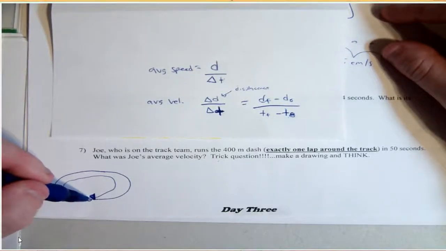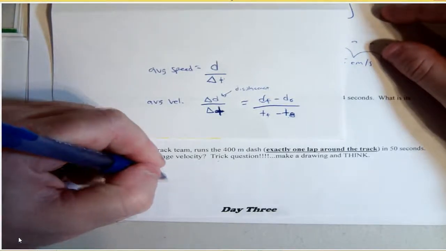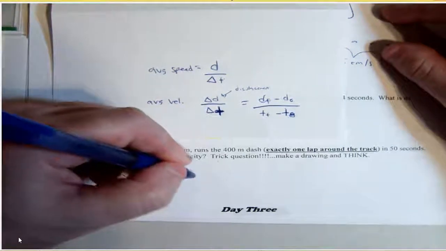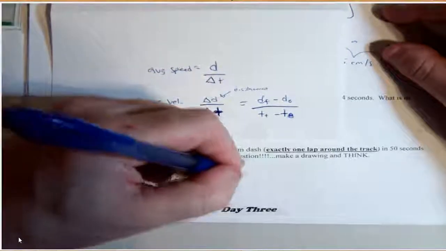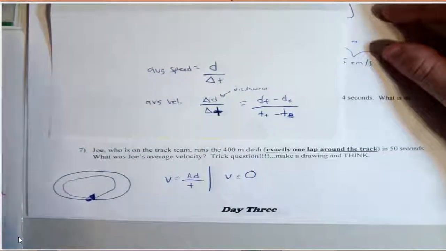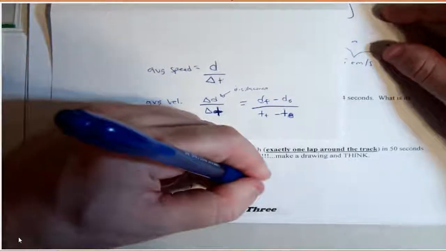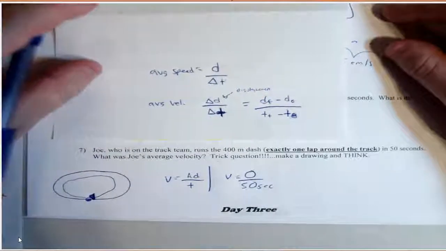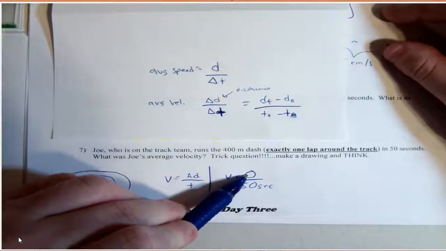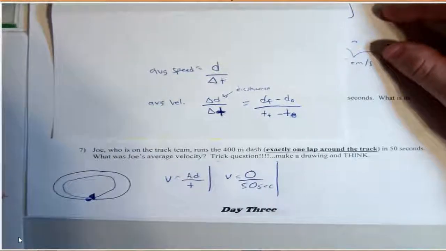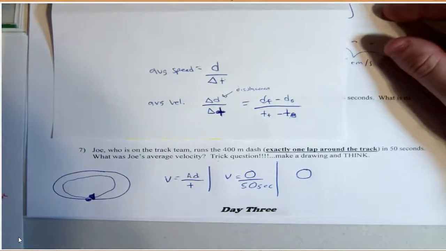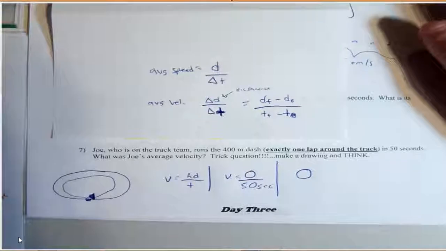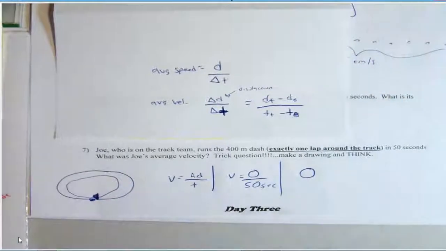Well, it's 0, right? If we know average velocity is your change in displacement over time, and we know that your displacement is 0, your time is 50 seconds, well, that 50 seconds goes into 0 how many times? 0. So that's our answer. 0 meters per second, because there was no displacement, therefore his average velocity was 0.